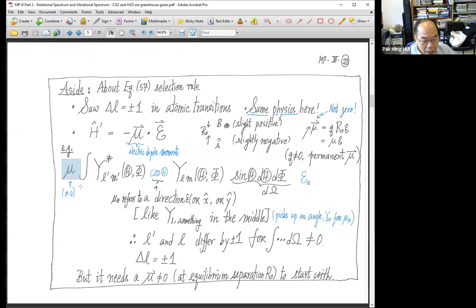So we have a mu coming out, we have a field coming out, and the dot product picks up an angle. Well, we have considered this previously in the transition between electron states in atoms. This thing works like a Y1.